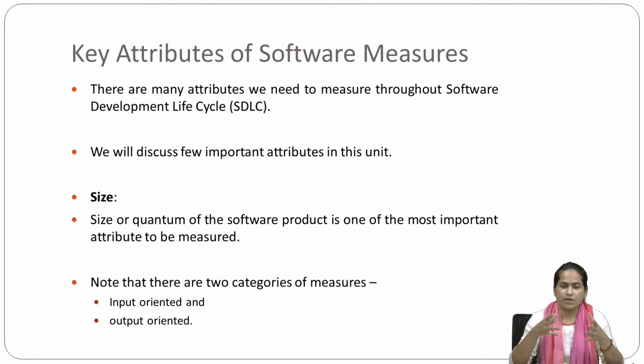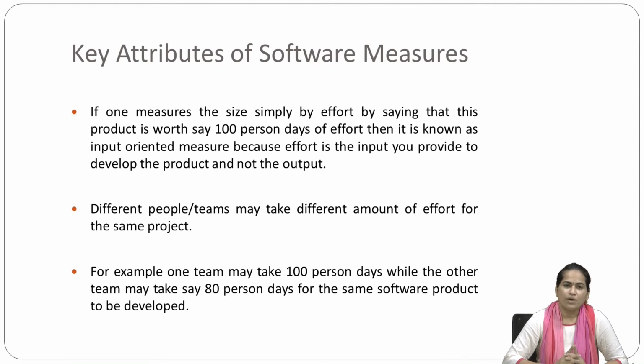So this is how we have the size. When we are talking about this size, we have two categories of measurement. First one is input oriented and second one is output oriented. Now what does input oriented mean and what does output oriented mean? That we are going to see now.